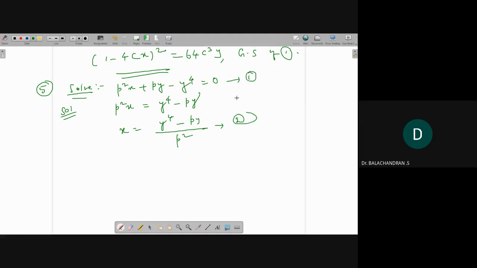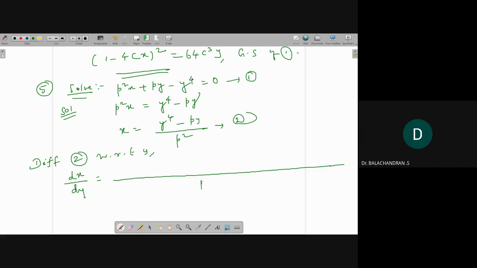So differentiate equation 2 with respect to y. So dx by dy, using the u by v method, p square in the denominator. Differentiate y power 4, you get 4 y cube.